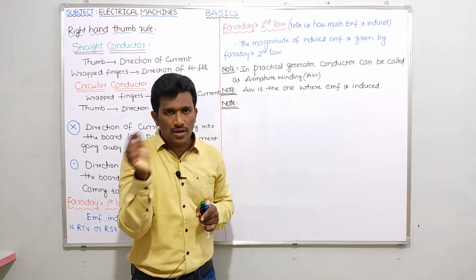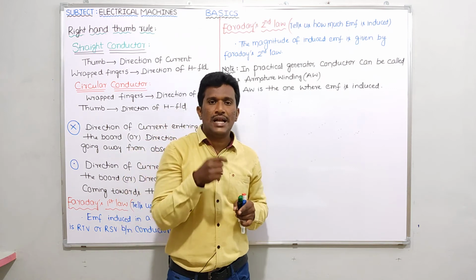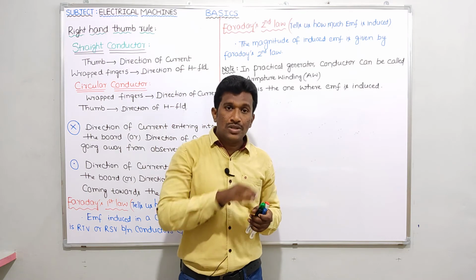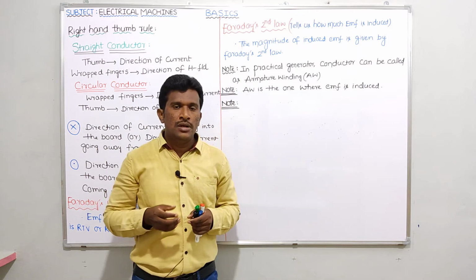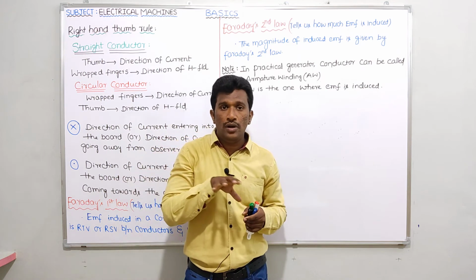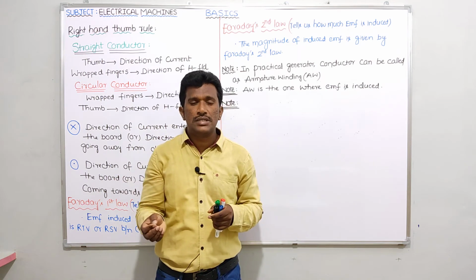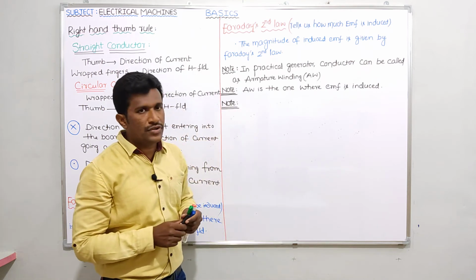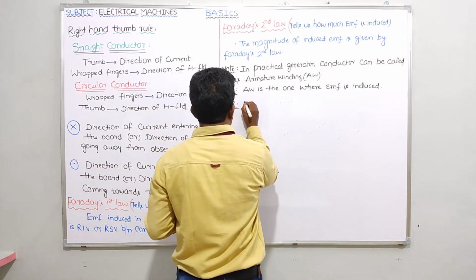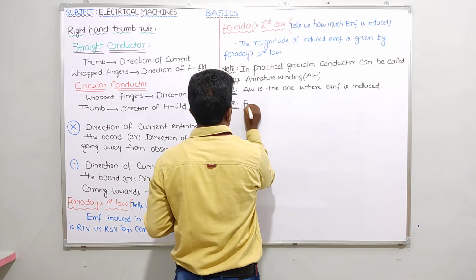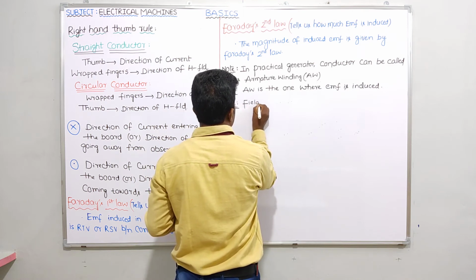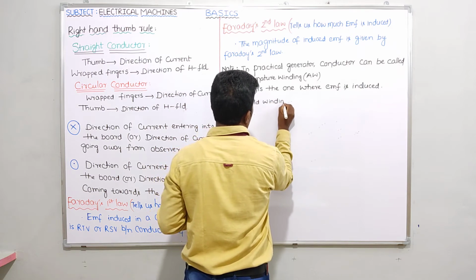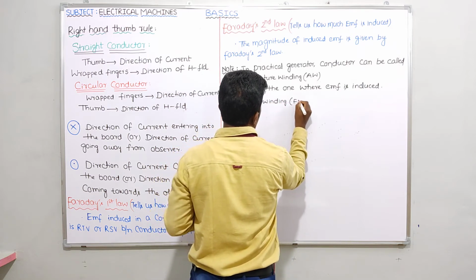Field winding is the one through which if we send current, magnetic field will be produced. Is it clear? So this process can be called excitation. Process of sending current through field winding and creating magnetic field is called excitation. So before writing the definition for excitation, let me write the definition for field winding. Field winding can be written like this, FW.